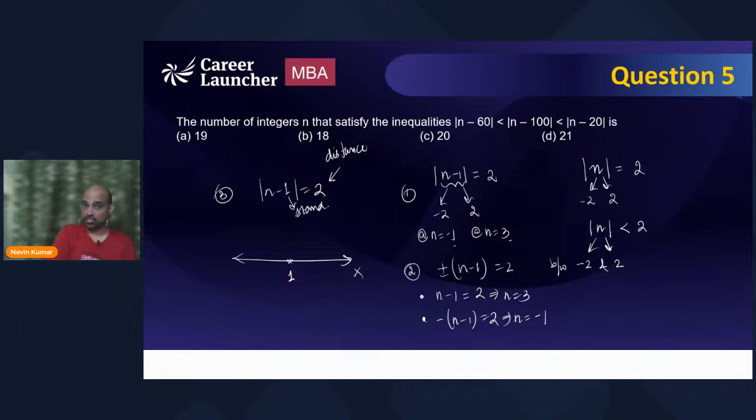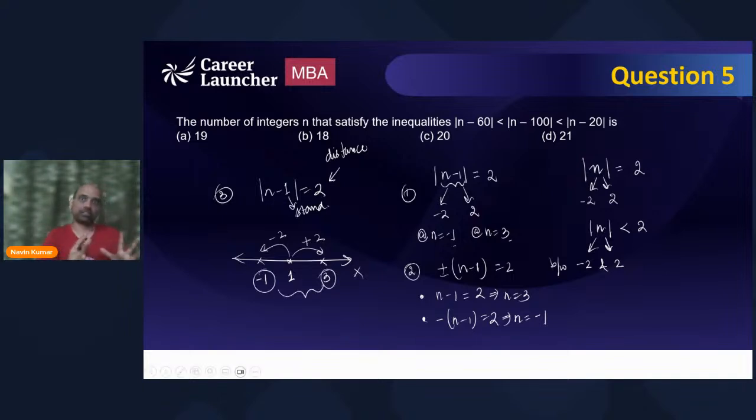You need a distance of 2 from 1. So you are at that point 1 and you need to move 2 distances. You can either go to the right side or you can go to the left side. What are the 2 values that you will be getting? If you're at 1 and you go 2 units to the right, you will end up at 3. And if you go 2 units to the left, you will end up at -1. So these are the 2 values of n.